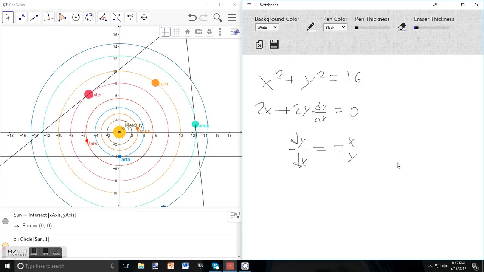There are two types of tangent lines that are useful to us: the horizontal tangent line and the vertical tangent line. To find a horizontal tangent line, we use the numerator, which in this case is negative x, and we set it equal to 0 because the slope at that point would be 0.